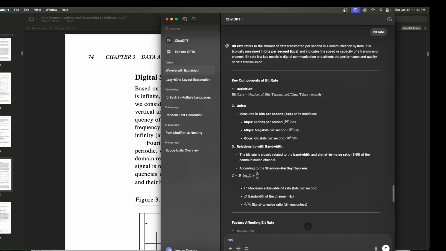It is the number of data per second in a communication system, measured in bits per second.